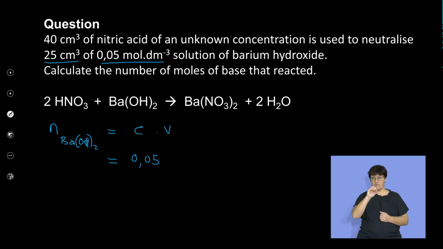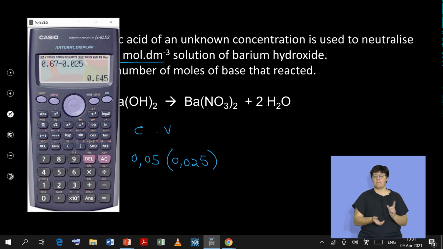So the formula is from the data sheet. We copy it, and then we want to find the number of moles. So 0.05, which is the concentration, multiplied by the volume, which is 0.025. So we are able to determine that by saying 0.05 multiplied by 0.025.